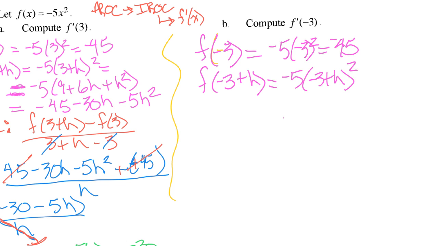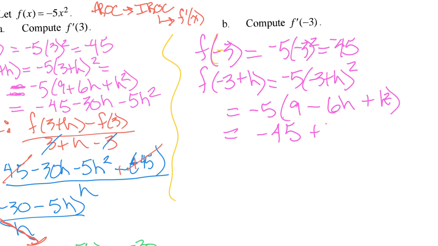And again, we want to expand that, so it'll be negative 5 times 9 minus 6h this time, plus h squared. Distributing our negative 5, we're going to have negative 45 plus 30h minus 5h squared.